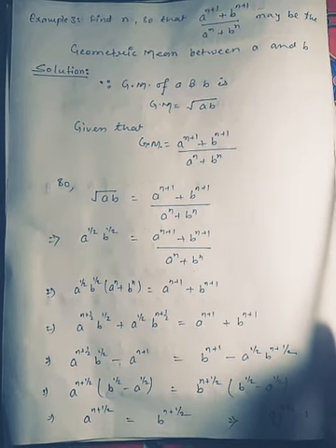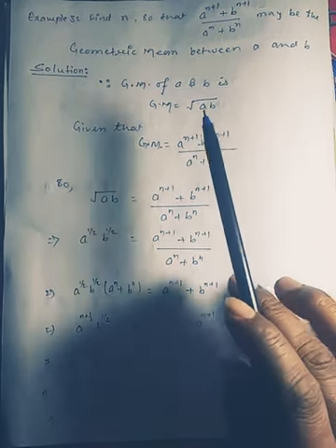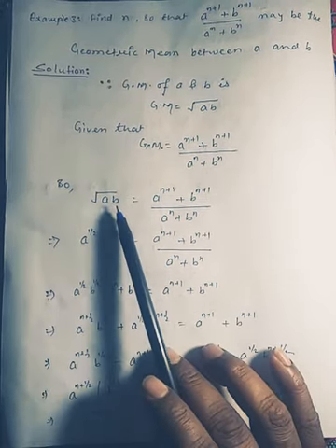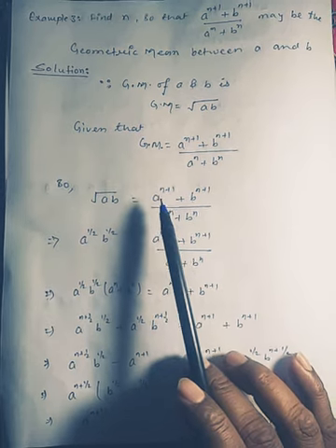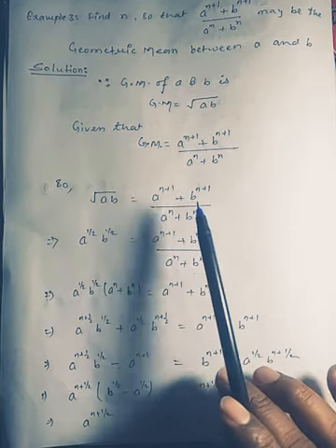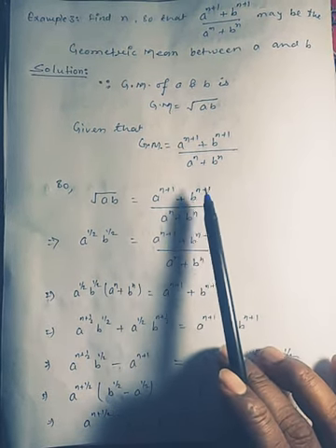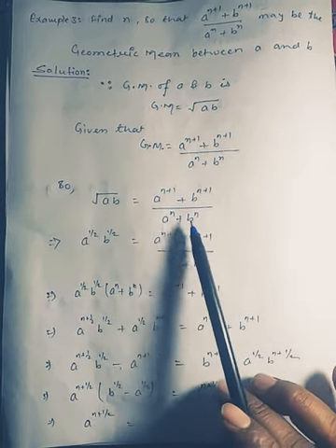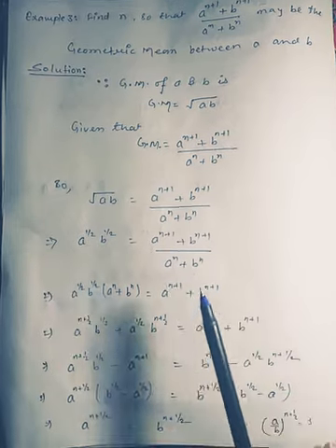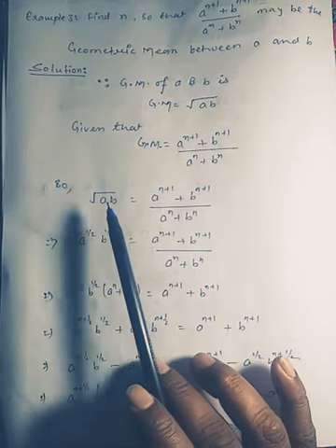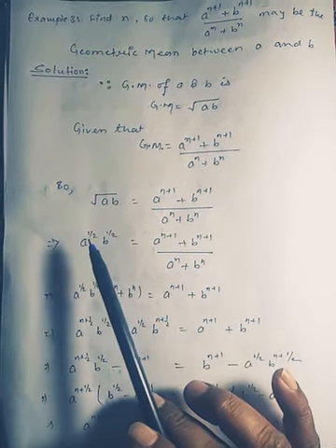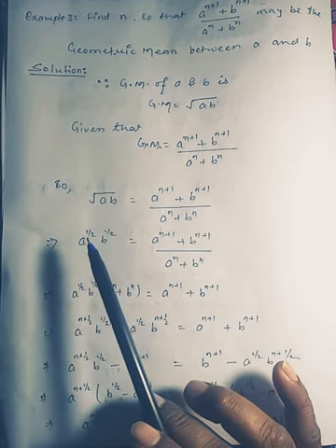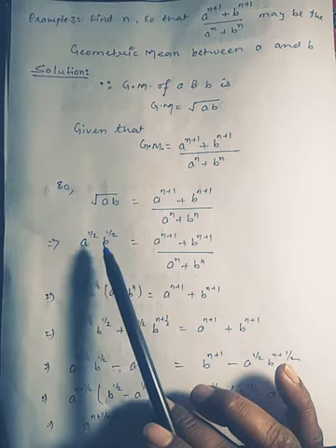So both are equal. Root under ab is equal to (a^(n+1) + b^(n+1)) divided by (a^n + b^n). Root ab is also written as a to power half into b to power half.